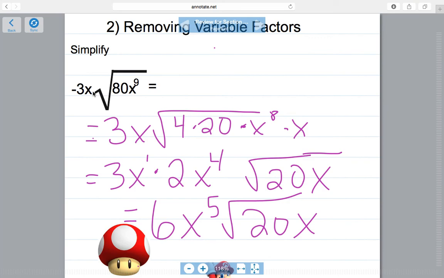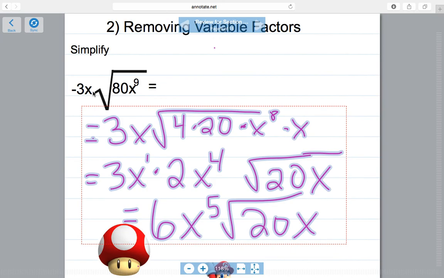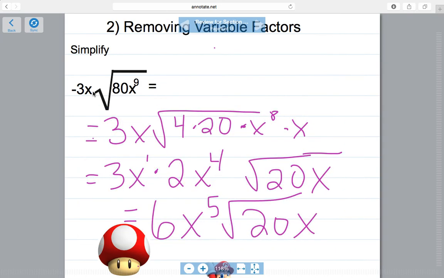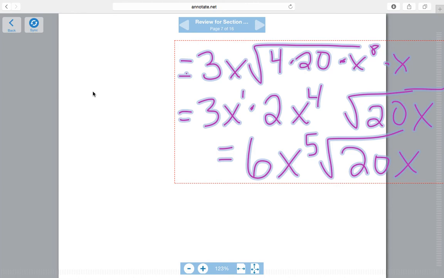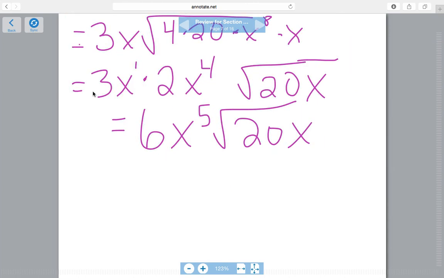Now we're not done yet. We still have to do some more work because there is a perfect square inside of 20 still. So let's just take this and we will copy it, and let me add a new sheet. Okay. So let's keep going. So we have 6x to the 5th times the square root of 4 times 5 times x.